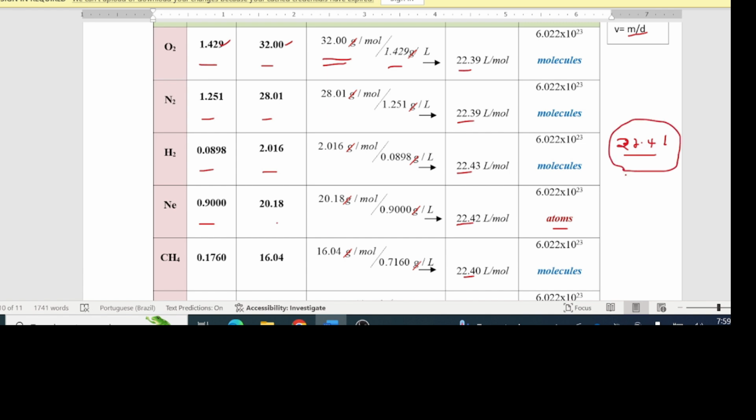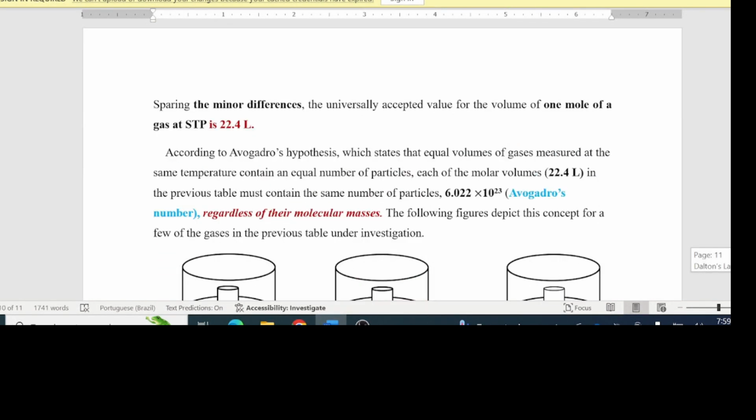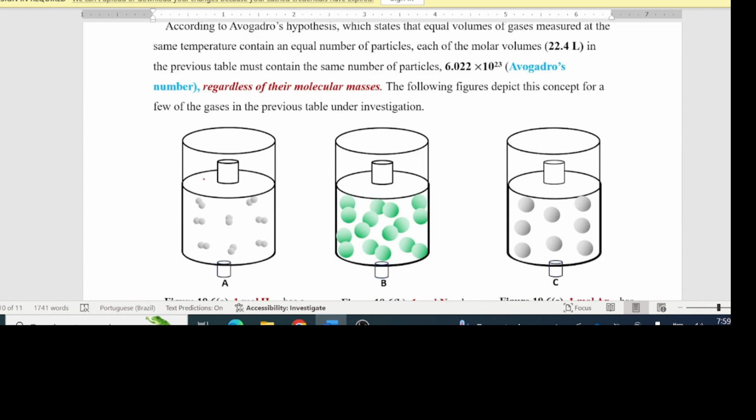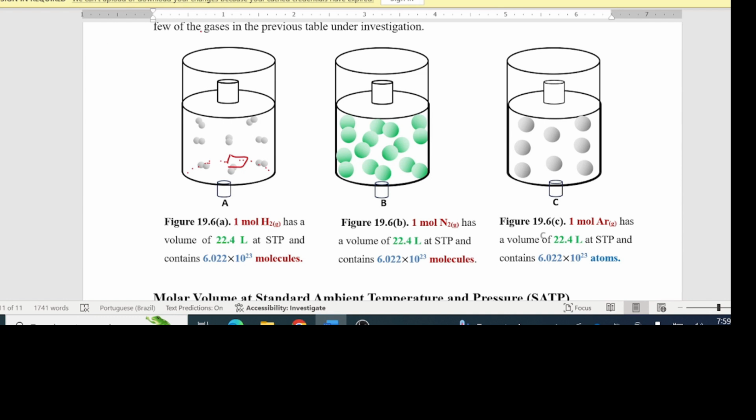But we said the more convenient set of conditions are at SATP. This thing can be done experimentally. If I have 3 cylinders here, and these plungers are right down at the bottom, there's no gas. And in each of these, we allow 1 mole of gas to be inserted: 1 mole of hydrogen, 1 mole of nitrogen, and 1 mole of argon.